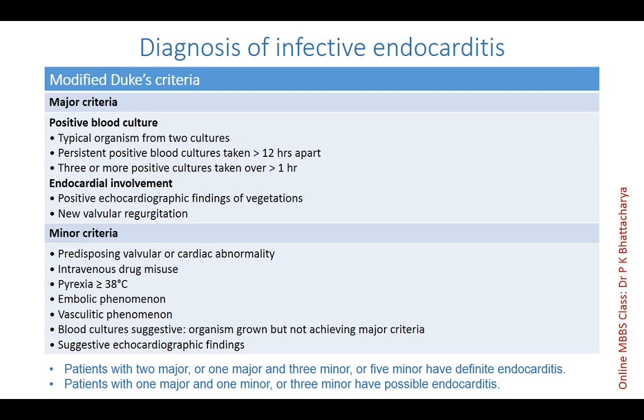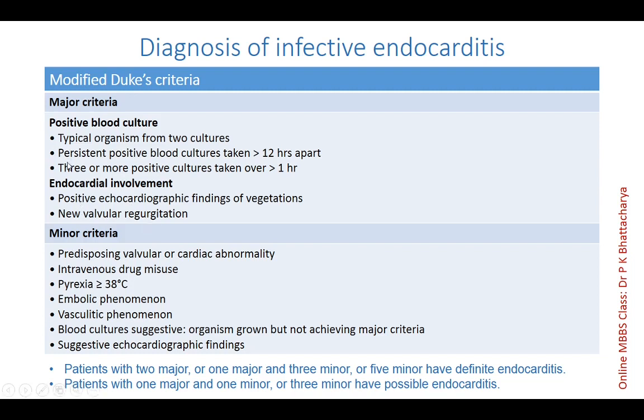If you find a person with acute infective endocarditis features and Staphylococcus is present in the first two cultures, close your eyes and say that this is it. But if the organisms are present in multiple cultures, though they may not be the typical ones, then also you have a positive blood culture, right? And 3 or more positive cultures with organisms which are not necessarily the typical ones.